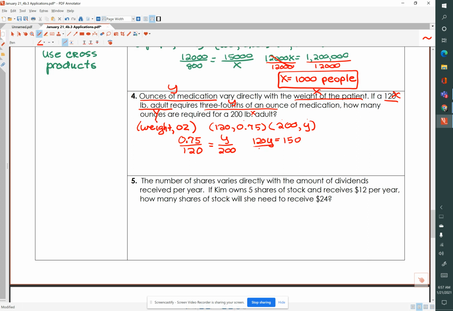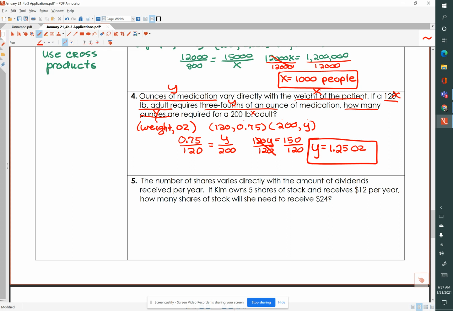And we just divide both sides by 120. And Y equals 1.25. And what does that number mean? Well, let's go back to the question. How many ounces are required? So 1.25 ounces are required.